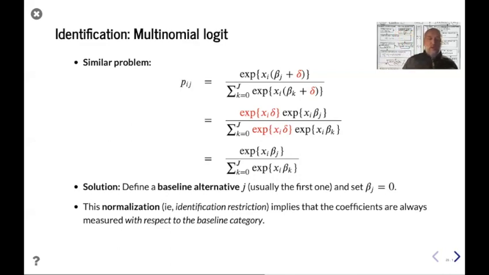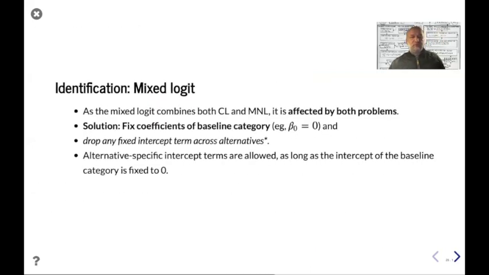Okay, and you would get different coefficients, but it would predict the same thing. So this normalization and identifying restrictions implies that coefficients are always measured relative to some baseline category that we set equal to 0.